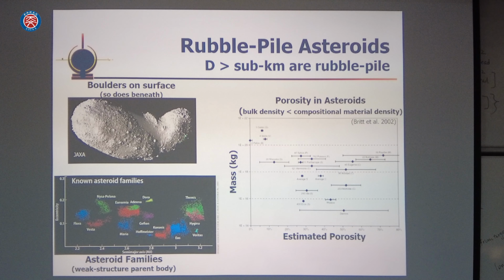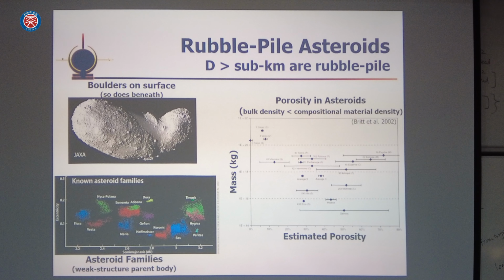So beneath the surface, we believe it also has such kind of construction from boulders. And also we observe many asteroid families in the main belt.